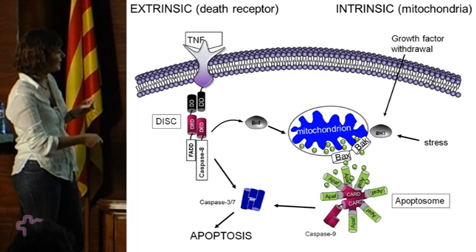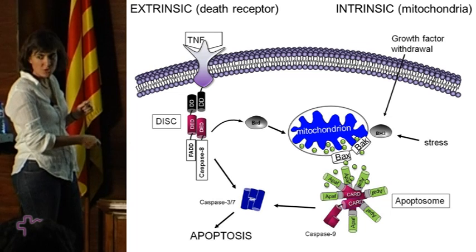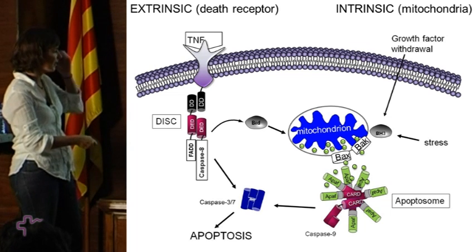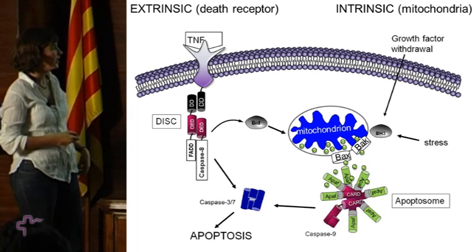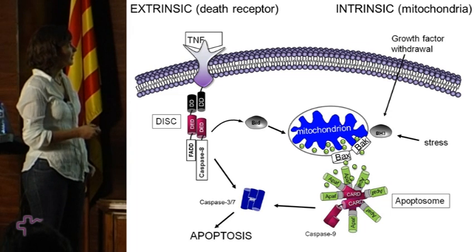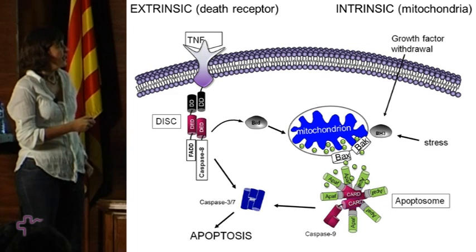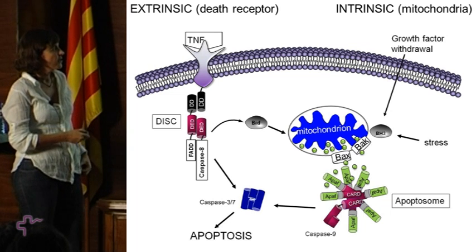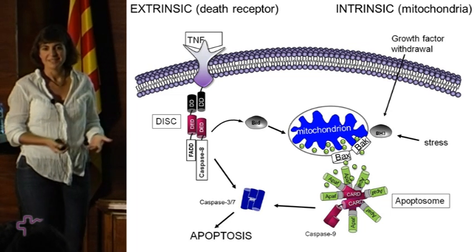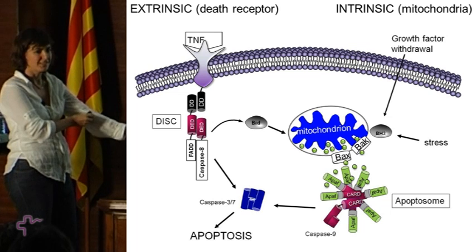When this caspase is active, executioner caspases, such as caspase-3, are activated, and then cells die. Now, everything else that is not a death ligand engages the mitochondrial pathway. It's called the intrinsic pathway, but of course it's also engaged by extrinsic stimuli like growth factor removal or drugs.